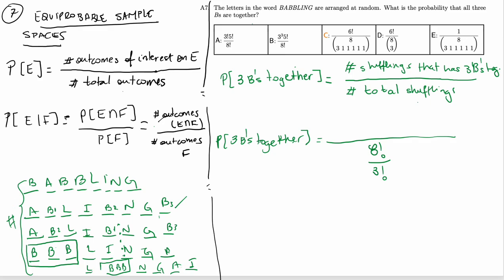So in the end, you have 1 mega slot, 2, 3, 4, 5, 6 slots that are permuting, and you just permute these slots. So the number of shufflings that have 3 B's together is 6 factorial. Okay?